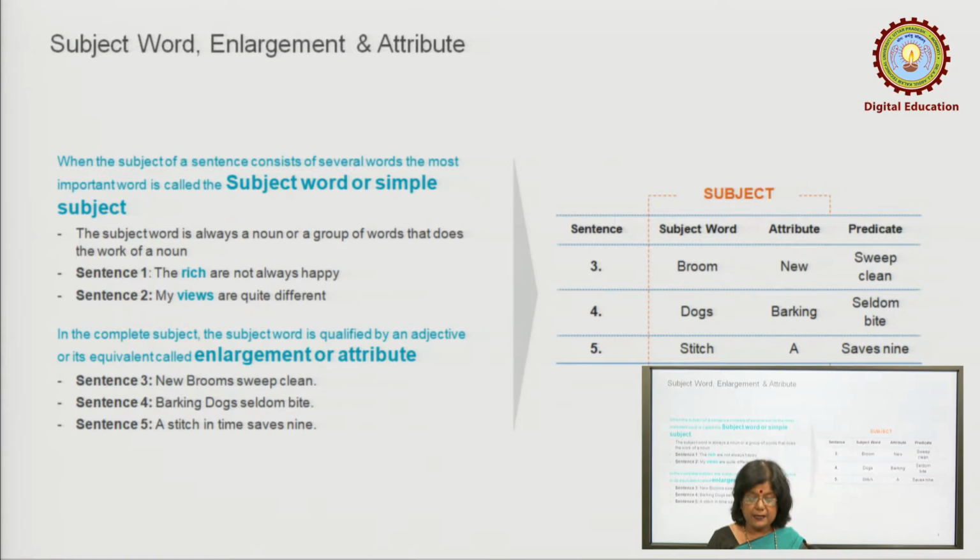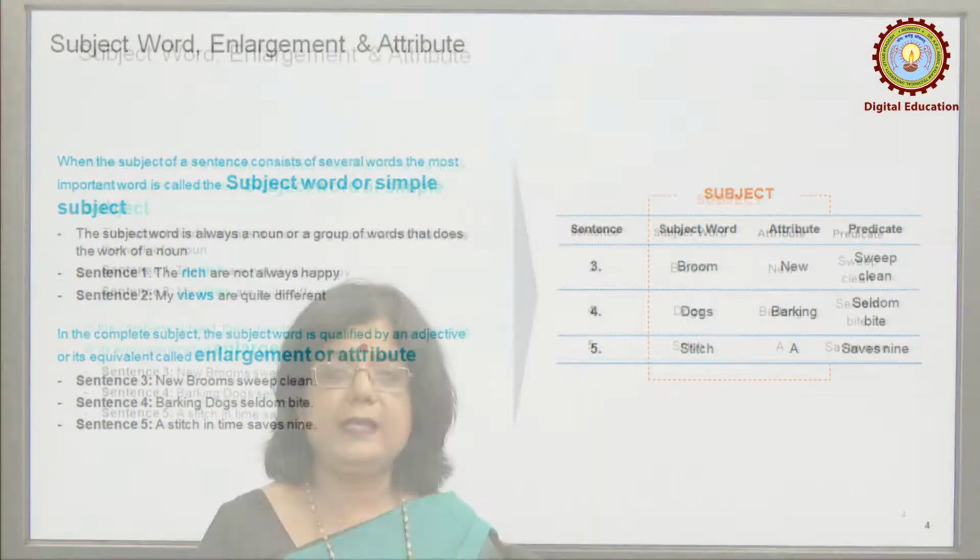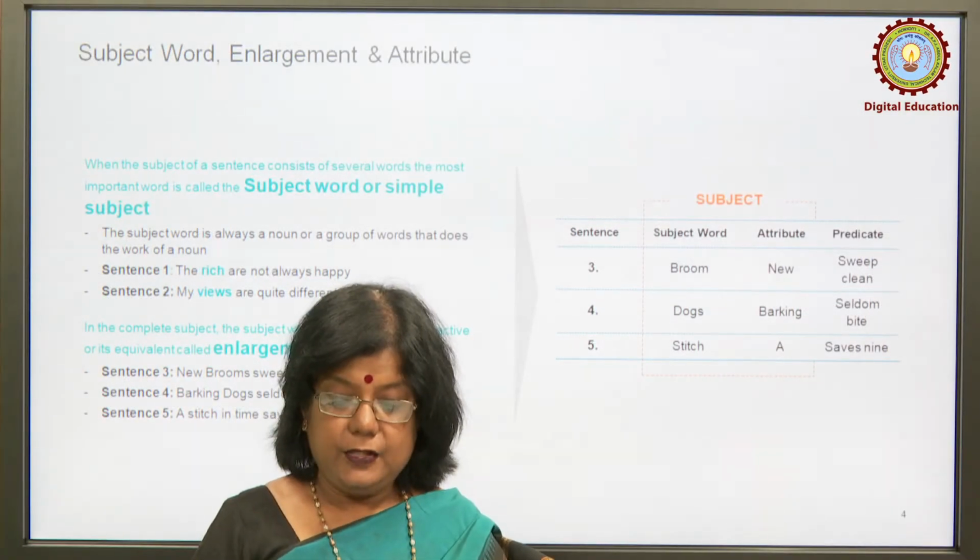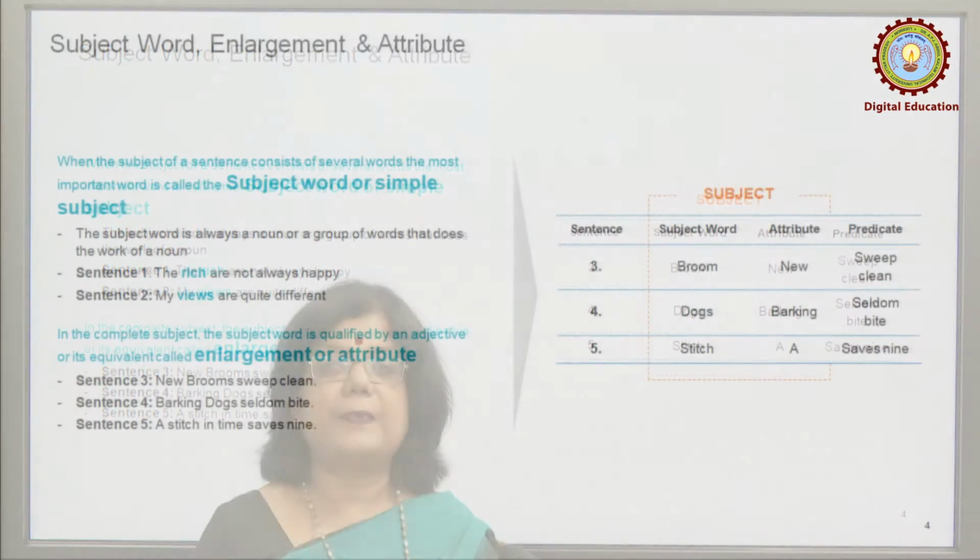In the complete subject, the subject word is qualified by an adjective or its equivalent called enlargement of attribute. Let us take a few examples here again. Sentence 3 is: New brooms sweep clean.